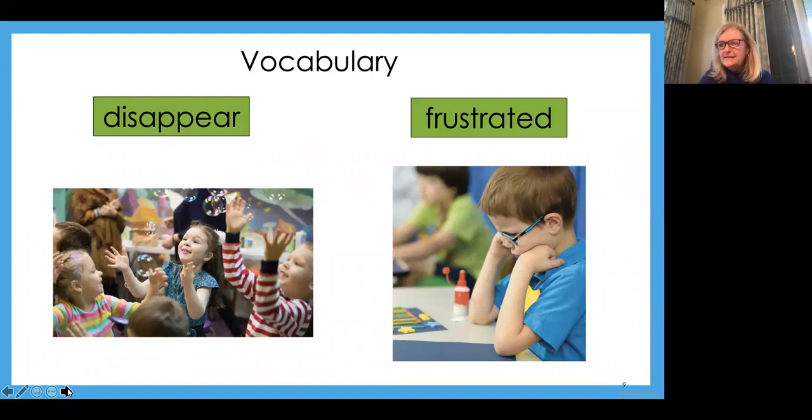So for instance, if we're reading a book and the word disappear is in it, as we're introducing that word, we have bubbles, and we blow the bubbles and we pop the bubbles. And then when children go to centers, we've worked out things like in the science center, or whatever you might call that center, maybe we have ice cubes, and we make a chart.